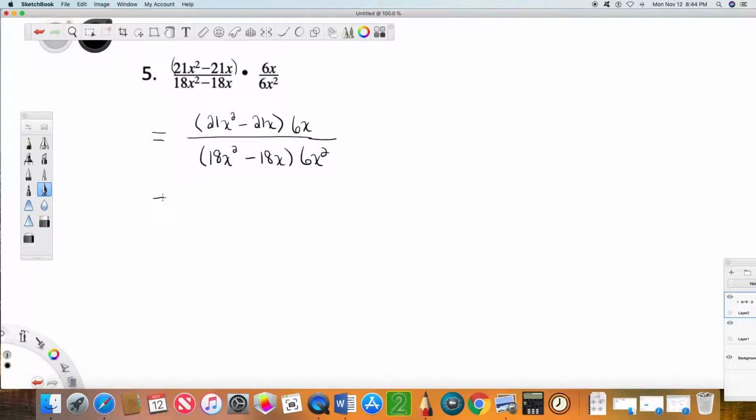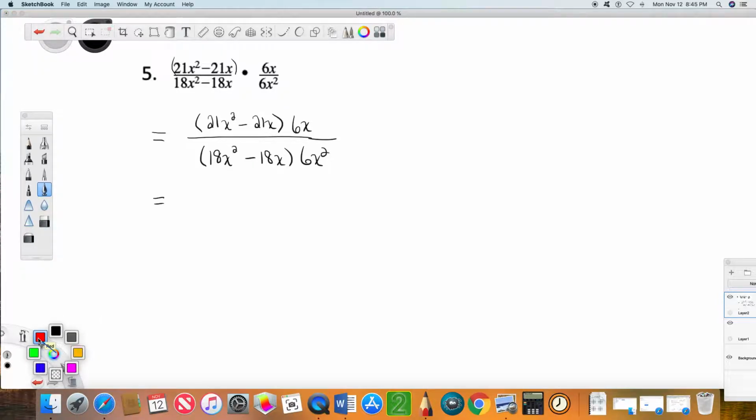Now, it's going to be a little bit difficult to continue this without trying to factor these binomials further. We need things to be in factored form.